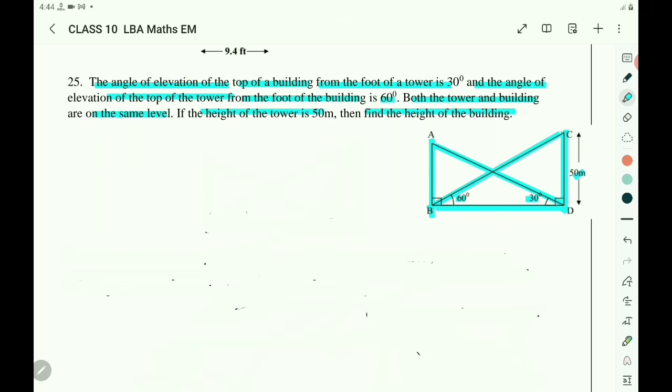Here the height of the tower is given. By using that height, find the distance between the building and the tower. Then you take the triangle CDB. In the right angle triangle CDB, here 60 degree angle is there.